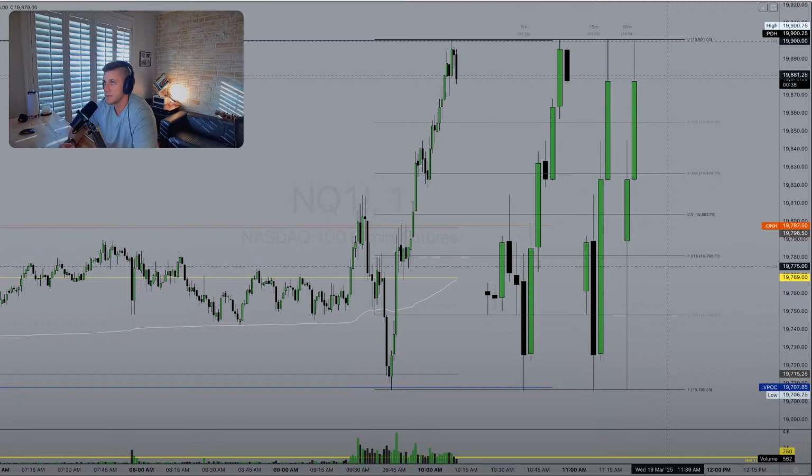And then if so, what is the depth of our pullback going to be looking like? Pullback or reversal? TBD.